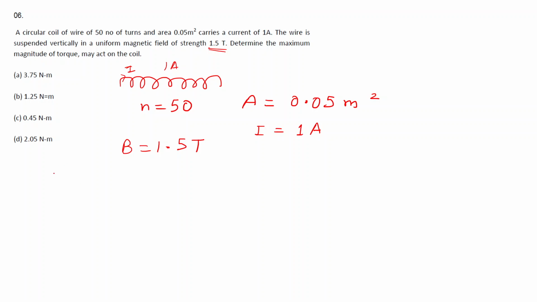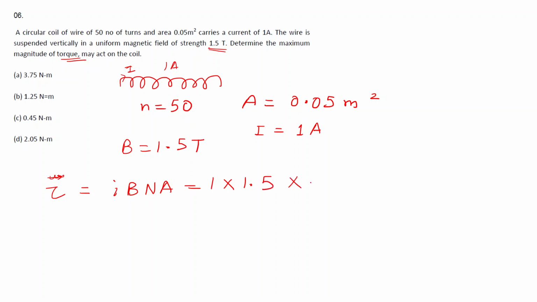So for the torque that will act on this coil, the formula is I B N A. These are all vectors, but we are just interested in the magnitude. Since we have been asked to find the maximum magnitude of torque, the maximum will be I B N A, which will be 1, and the magnetic field is 1.5.